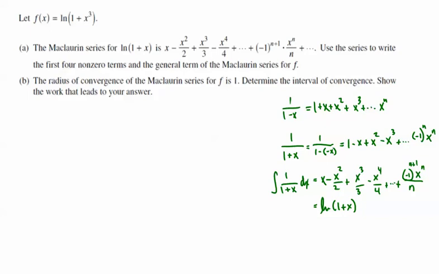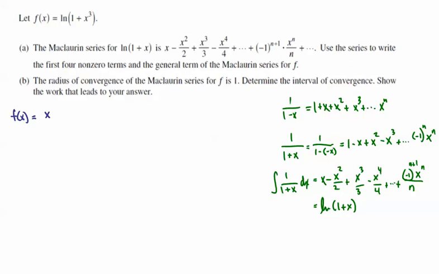Now what we want, using that, is to find the natural log of 1 plus x to the third power. And so that is simply going to be f of x. We're simply going to replace x with x cubed.